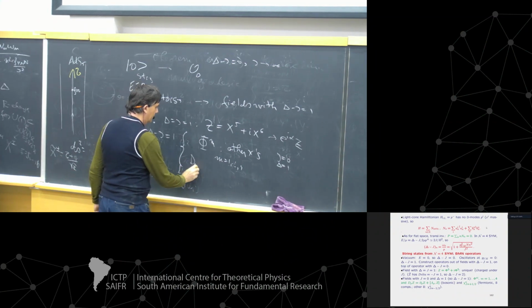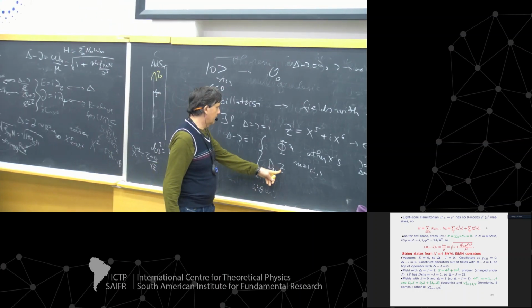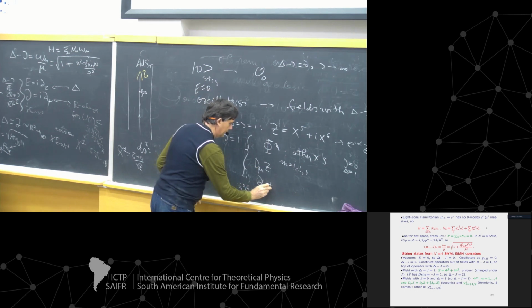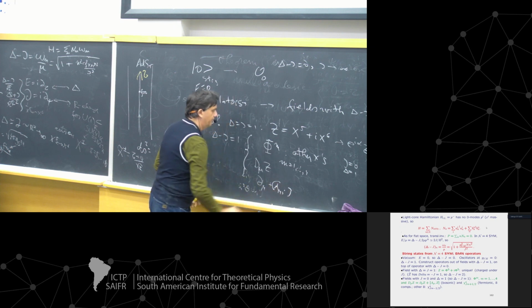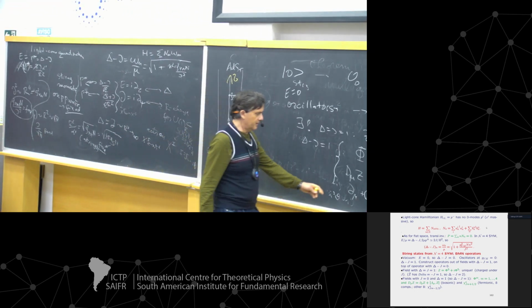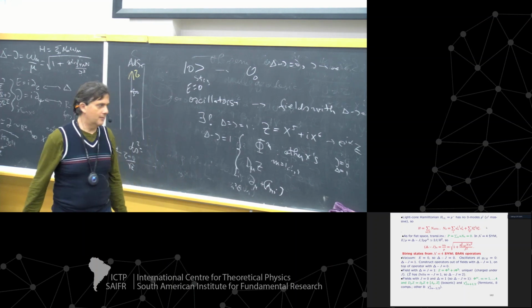And I can also have the covariant derivative of z, right? So z, we said, has delta minus j equal to 0. But the normal derivative, as well as the gauge field, both have dimension 1, and they are not charged. So they have delta minus j equal to 1.